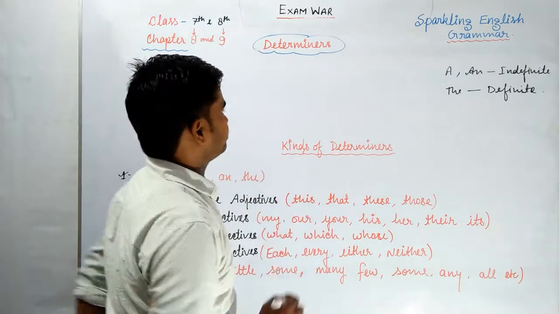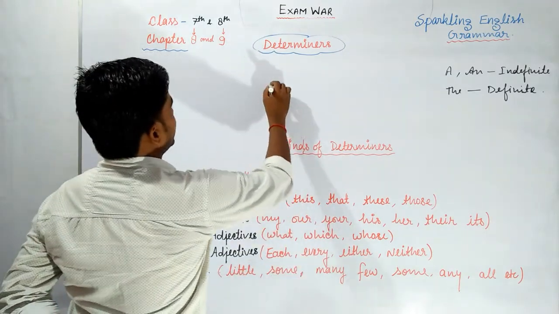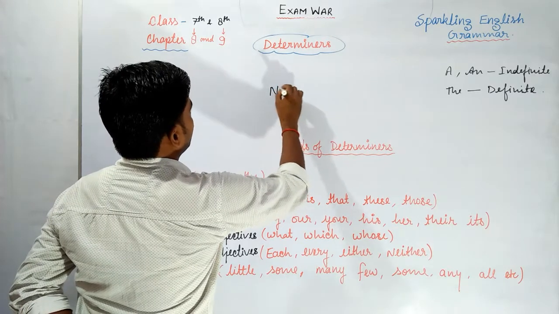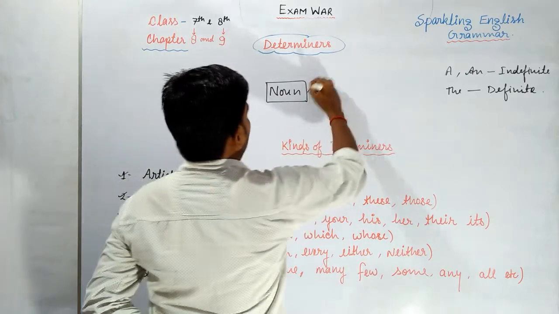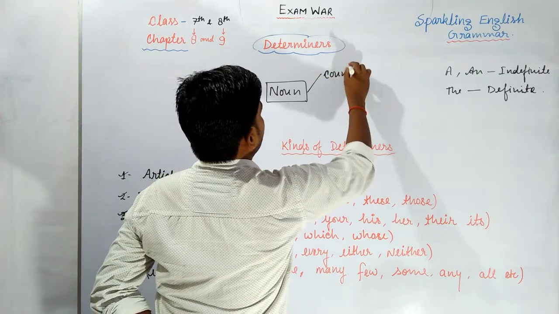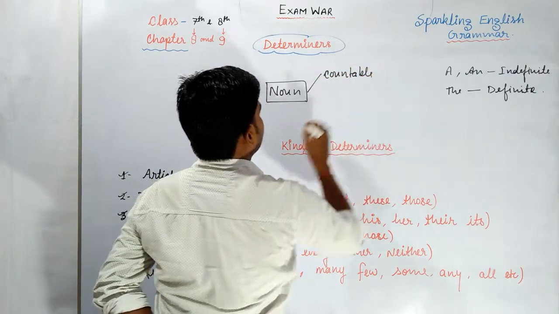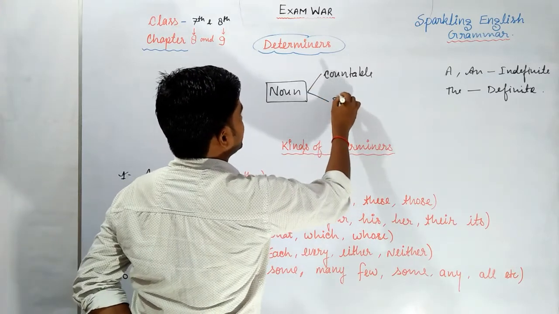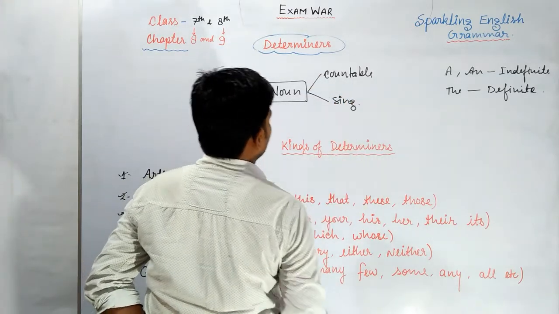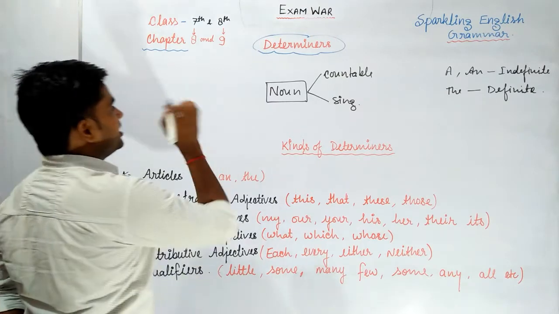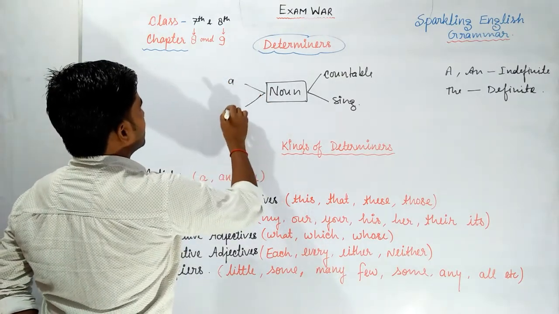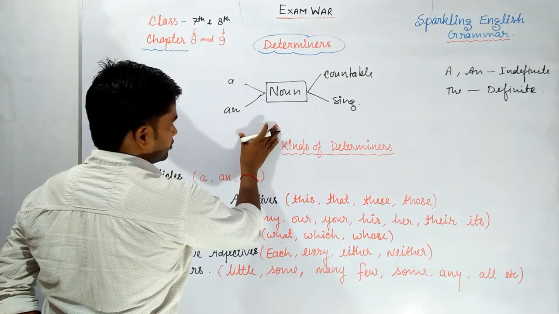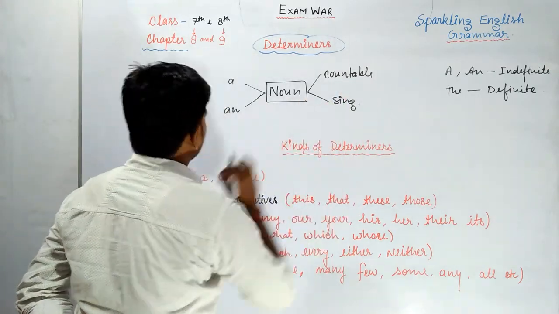Let's have some cases. Dear students, if the noun we are going to use is countable as well as singular, then we have to use either a or an for this noun. This is the case of the article a or an.